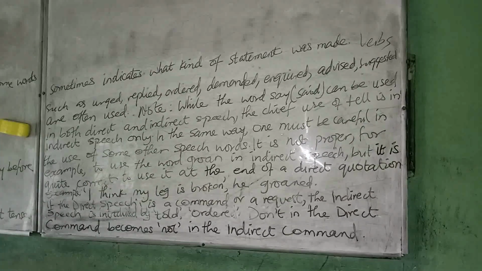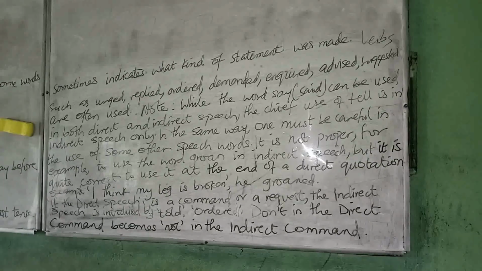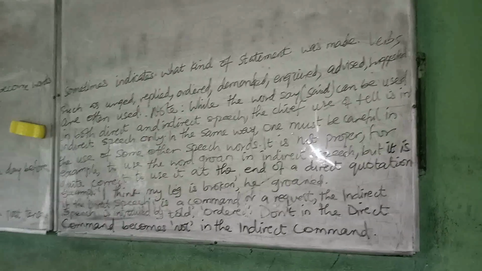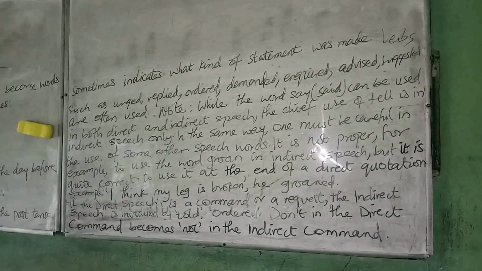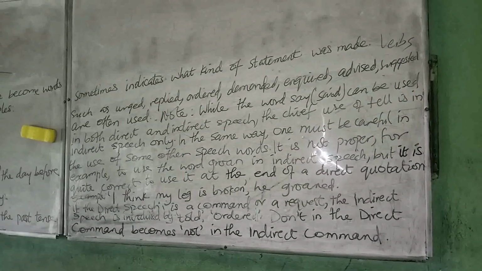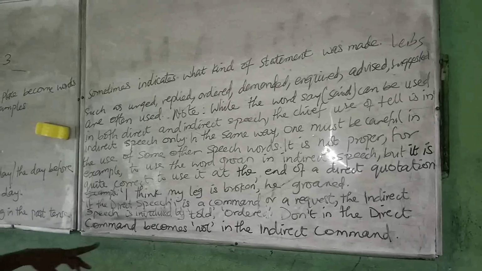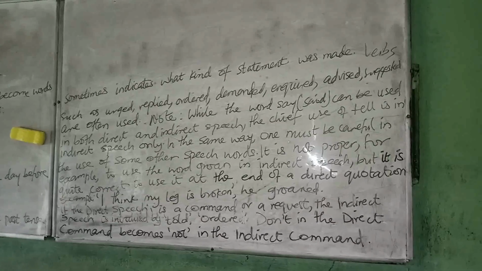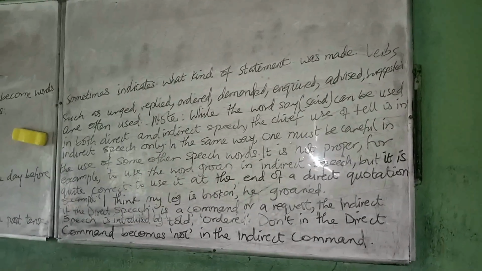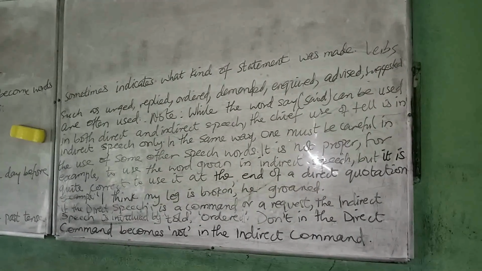I have an example: I think my leg is broken, he groaned. Then, if the direct speech is a command or a request, the indirect speech is introduced by told or ordered. Then don't in direct speech becomes not in the indirect speech.